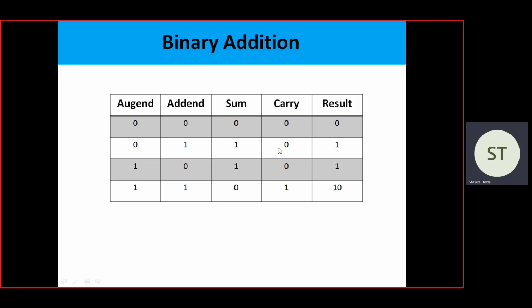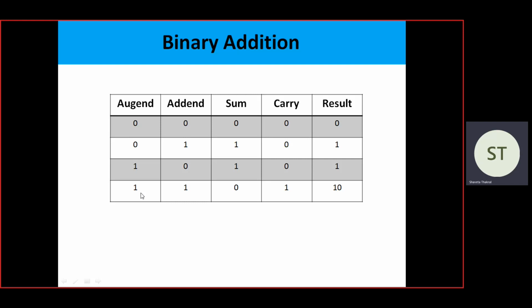Again there is no requirement of carry and the result is the same as the sum, 1. And if the augend is 1 and the addend is 0, 1 plus 0 sum will be 1. Again there is no carry and the result is again the same as the sum, that is 1.